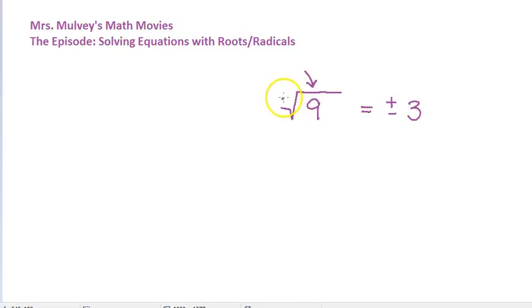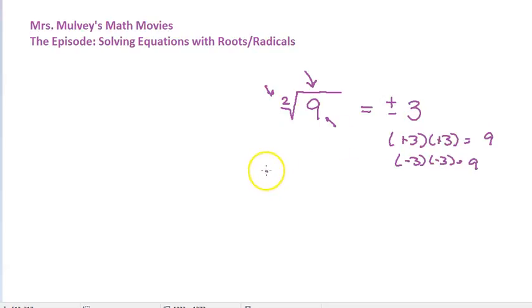The root is the square root. When nothing's there, a 2 is implied, and it means to find the number that you multiply by itself 2 times to get what's underneath. In this case, either positive 3 times positive 3 gets us 9, or negative 3 times negative 3 gets us 9. So they're both square roots of 9.